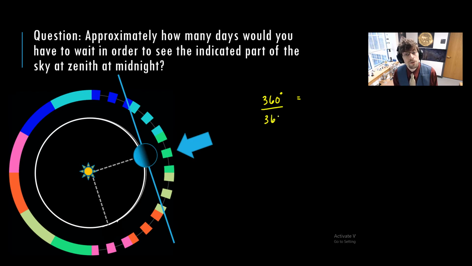It travels 360 degrees in 365 days. Well, then how long will it take to travel 90 degrees? We'll set that equal to x and simply solve for the number of days. You could ballpark it. 90 degrees is about a quarter of the way around the circle, and a quarter of 365 is about 90 days. We'll say 91 days.